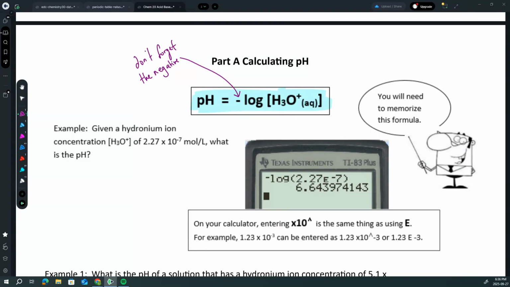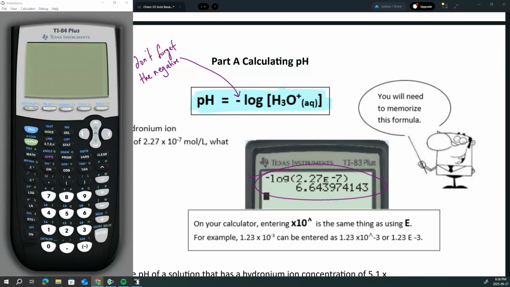For example here, we're given a hydronium ion concentration of 2.27 times 10 to the power of negative 7. What is the pH? This is what it would look like if you put it in your calculator. Just to show you, I brought up my own calculator here.